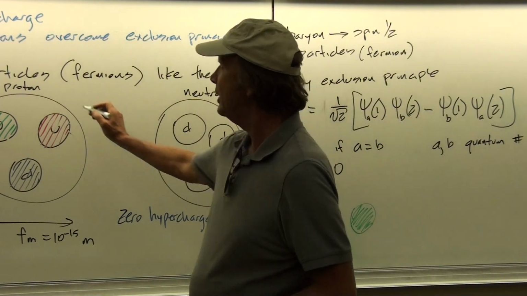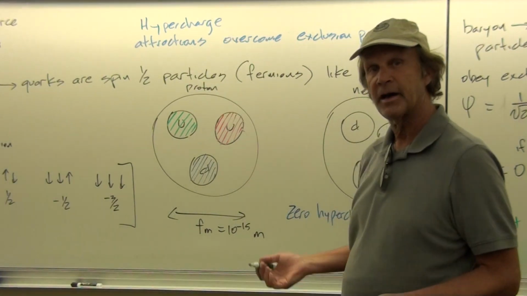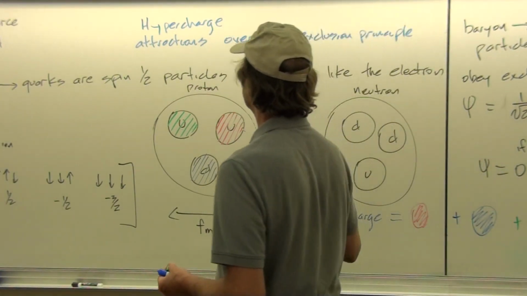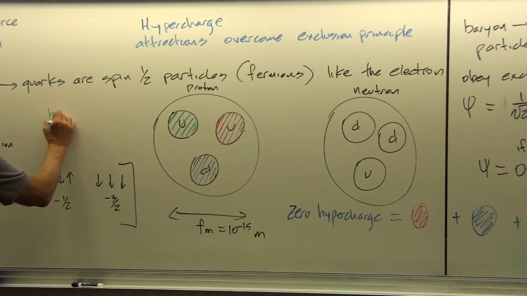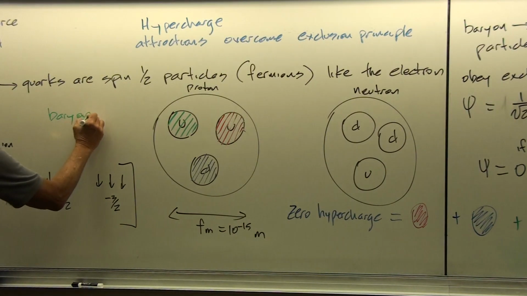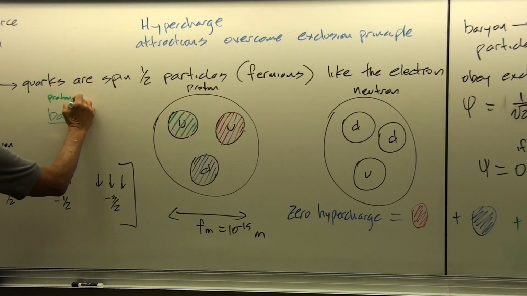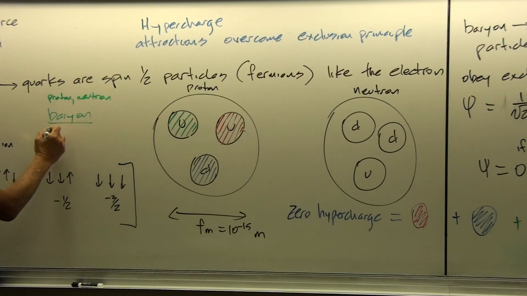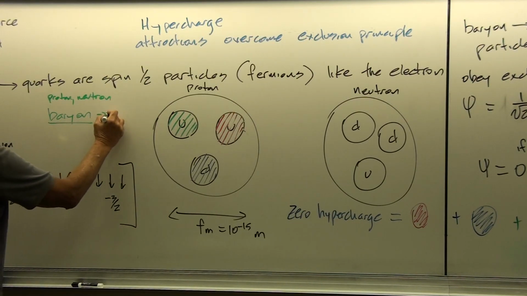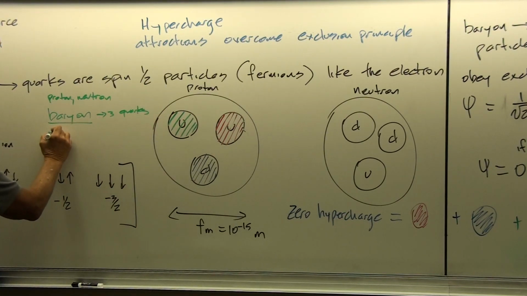Okay, so if we want the nucleon, the proton or the neutron, which again is also called a baryon. This is a baryon, this proton, and a neutron. These are baryons which have 3 quarks. But it's also a fermion because it's half integral spin.